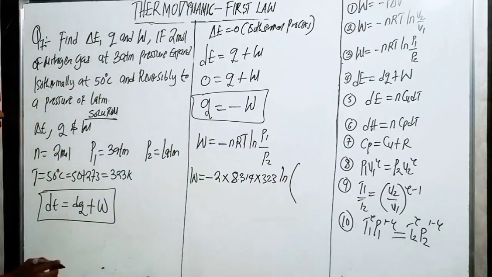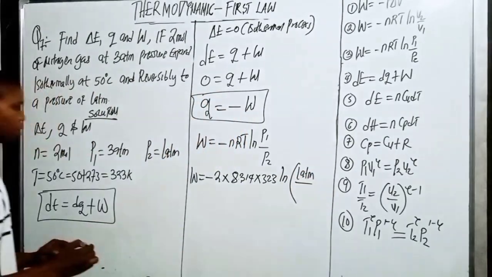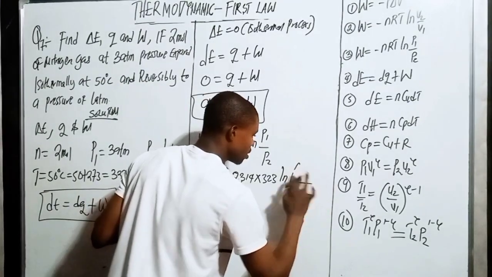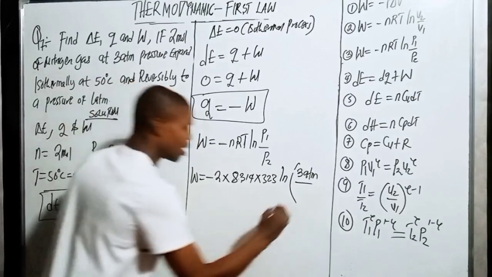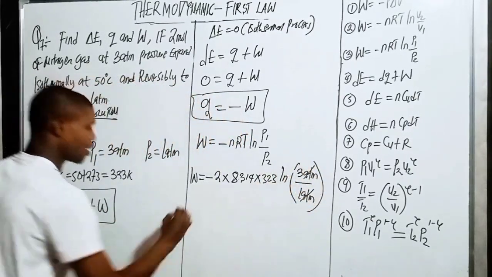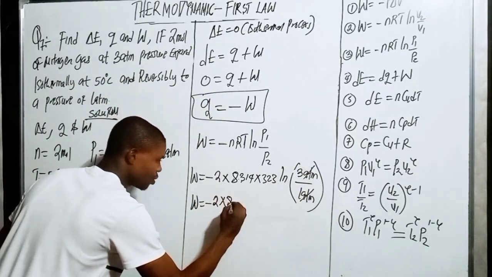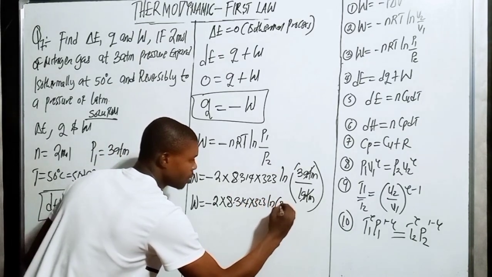My P1 is 3 atm, my P2 is 1 atm, so the ratio is 3. So W goes to minus 2 times 8.314 times 323 times ln 3.